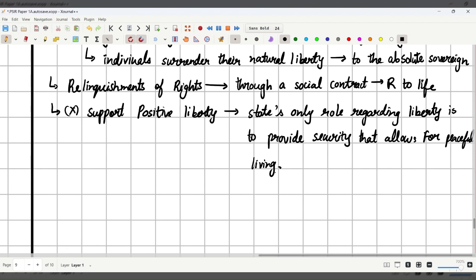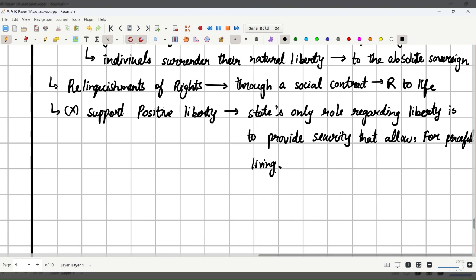So I think with this the concept of liberty is done for Hobbes.